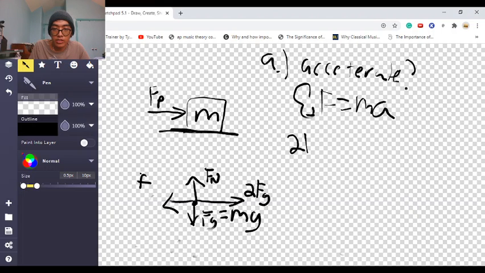So let's notate it. 2Fg minus the kinetic friction force, because we're specifically talking about the kinetic friction, equals m, and a, right? And then from there, we just solve it algebraically.